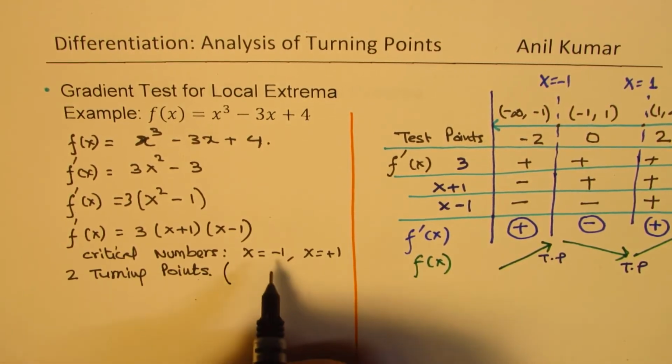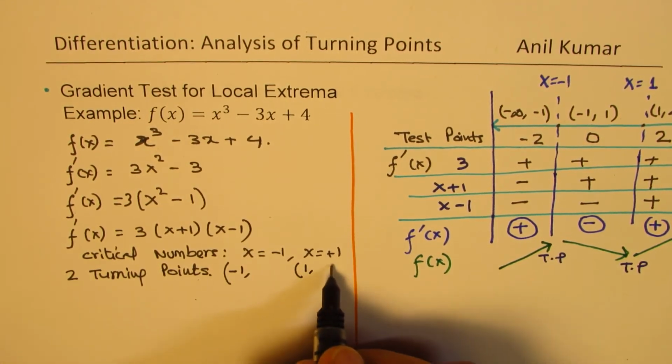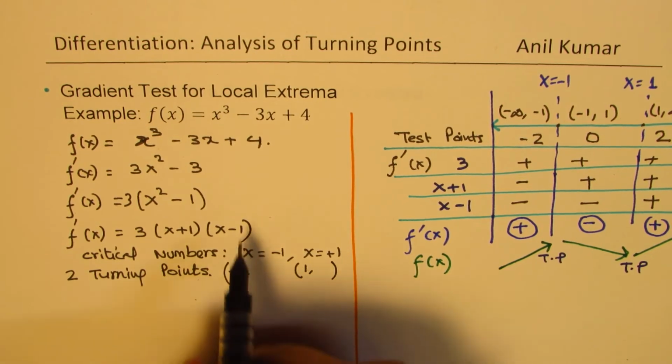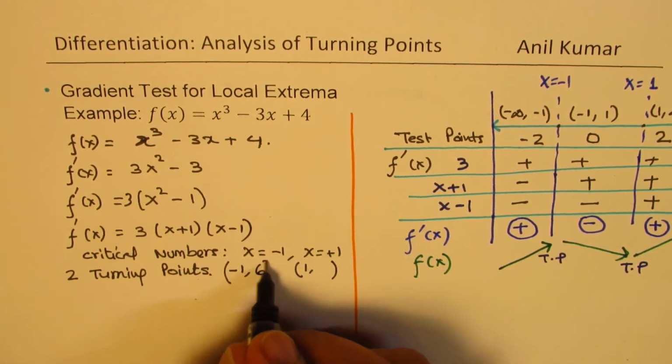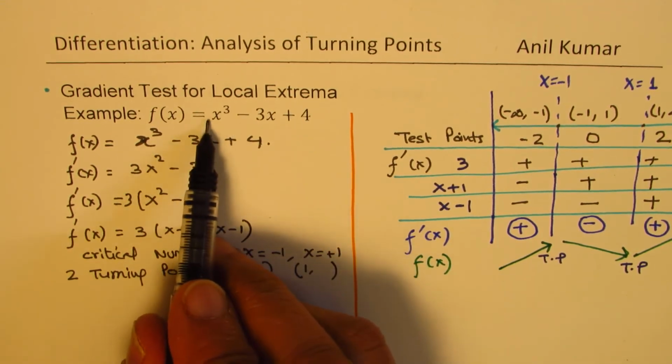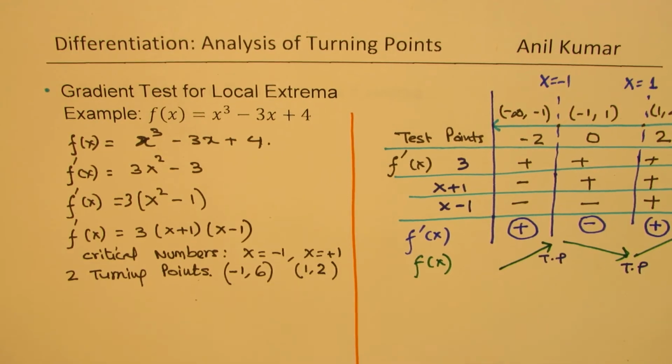And these turning points are at minus 1 and at plus 1. We calculated at minus 1, we got a value which was 7 minus 1, which was 6, and at plus 1, which was 5 minus 3 as 2. So those were our turning points. Now, from the first derivative test, we'll conclude whether it's local maximum or local minimum.